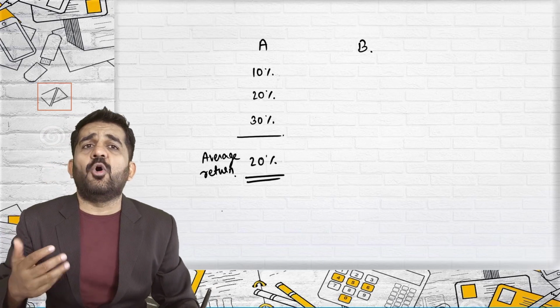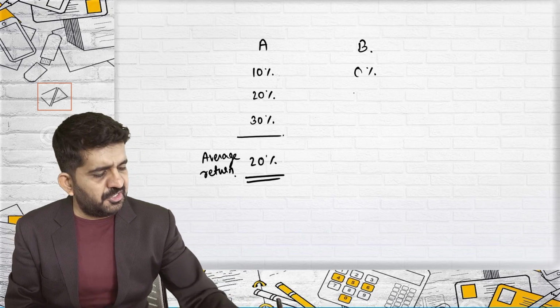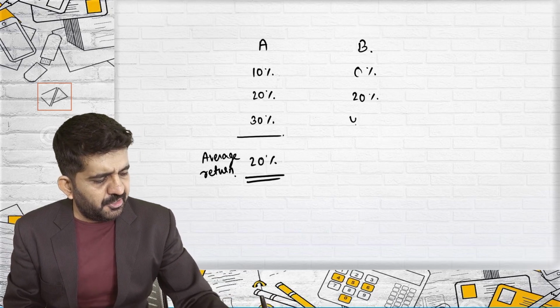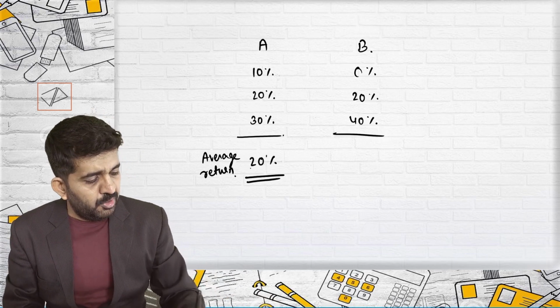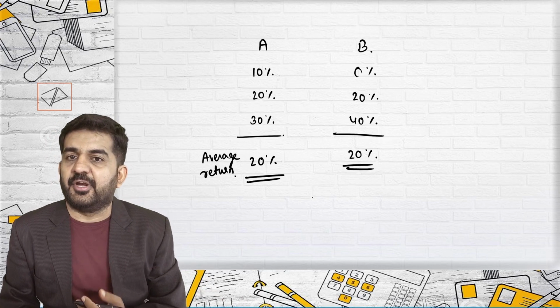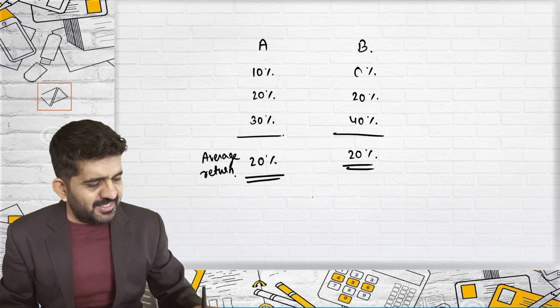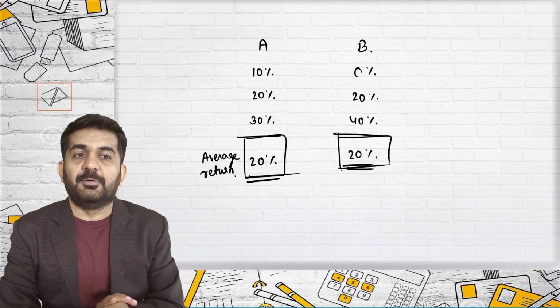So A is earning on an average 20%. B may be getting 0% return, 20% return or 40% return. What is the average return? Again, it is a 20% average return, right? So both projects have an expected average return of 20%.